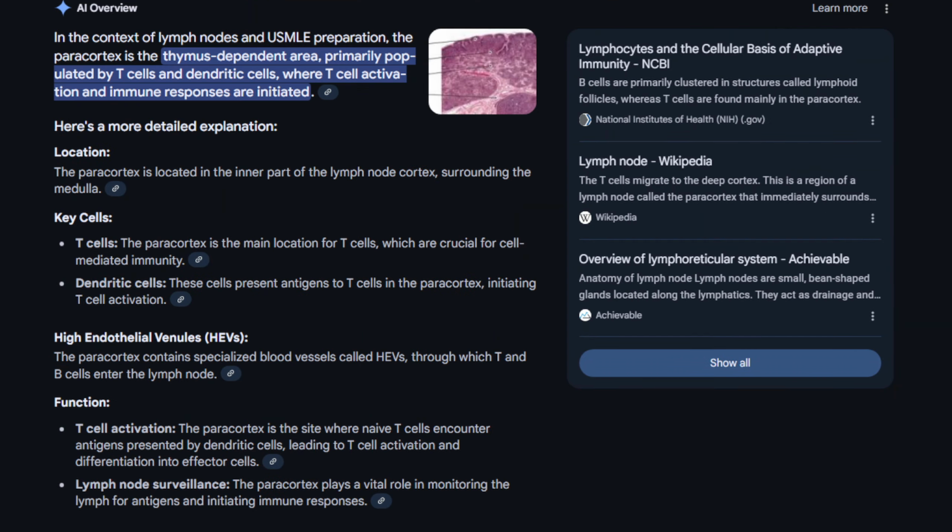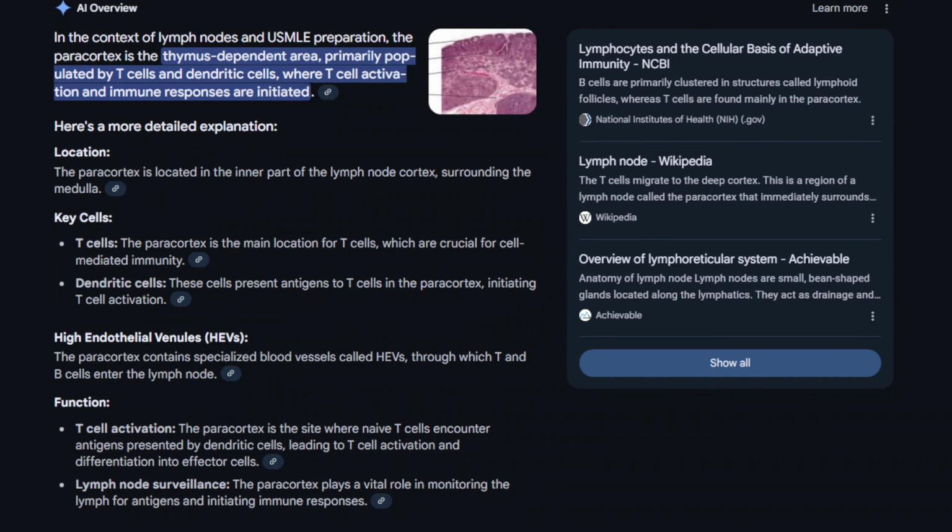So remember, in the context of lymph nodes and USMLE preparation, the paracortex is the thymus-dependent area. We're talking about the paracortex, where the T cells live. It is the primary population of T cells and dendritic cells, where T cell activation and immune responses are initiated.